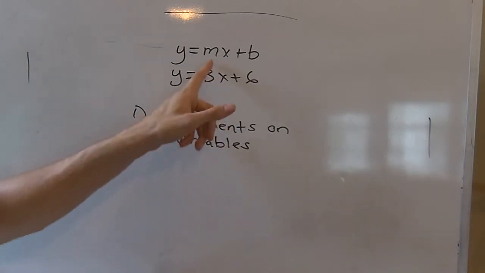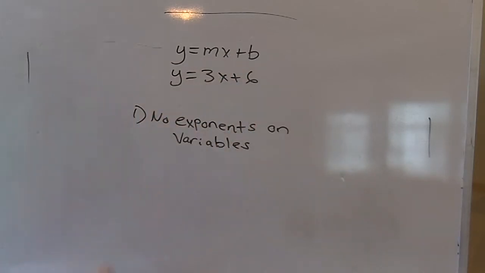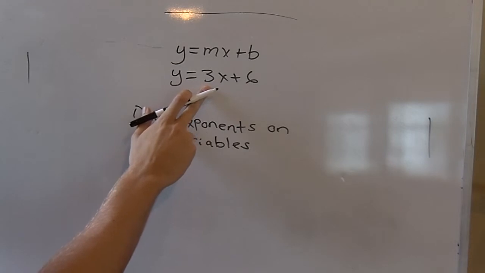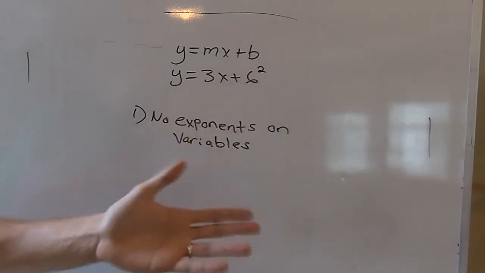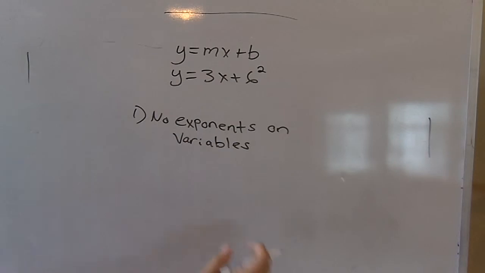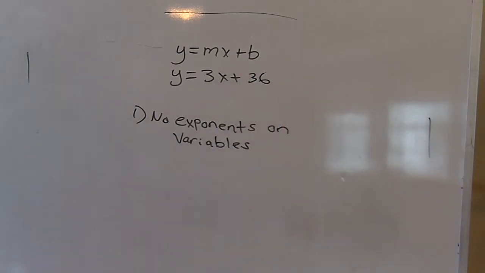So if you see a 2 here on the x, then you no longer have a linear function. Your y can't be to anything but the first power either. But you can have an exponent on the 3 or the 6. Numbers can have exponents, because a number with an exponent is just simply representing a different number. 6 squared is the same thing as writing 36. So I could just easily replace this and write 36. Okay? So that's key thing number 1.